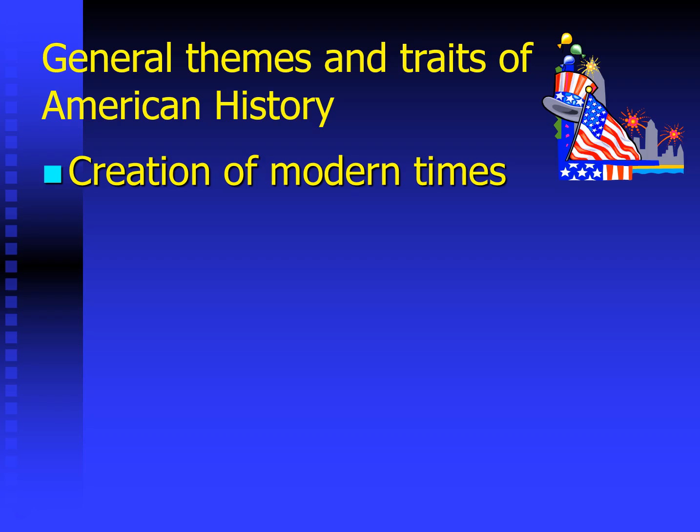So simply put, modern times within the scope of world history is roughly the last 500 years. And it's within that period that the United States is born, created as a nation. So it's a direct product of modern times.